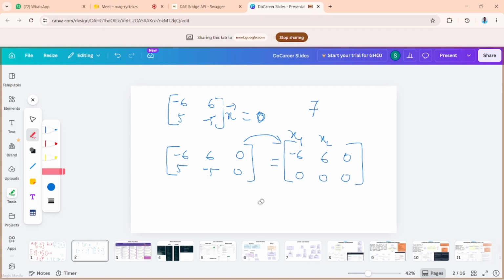So for the reduced form, we don't use it at all. You can just stop at the REF. So at what point do you use the reduced form? When they ask you. When the examiner says to use the reduced row echelon form to solve this, there is nothing else you can do.